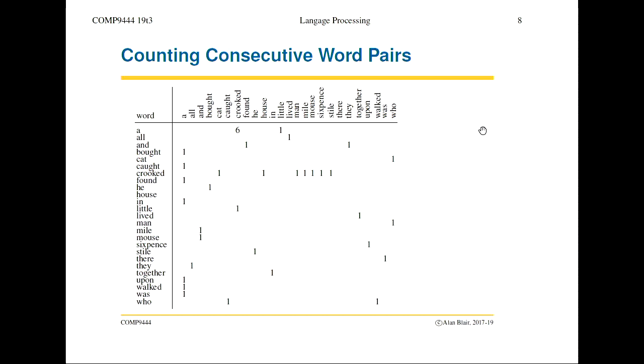And we could put a 1 in the matrix if words occur near each other. In this matrix, you only put a 1 if this word occurs before this one, so it's not a symmetric matrix. This 6 means that the word A is followed by the word crooked.